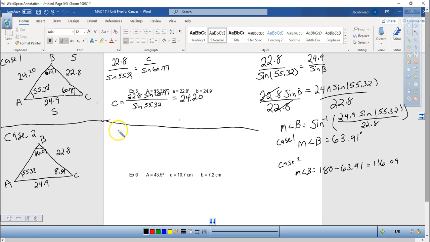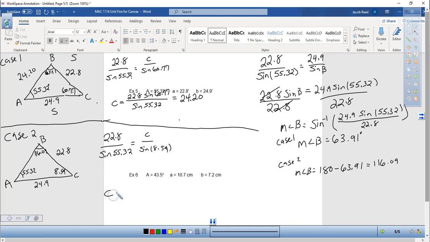And down here, do the same thing. 22.8 over sine 55.32 equals side C over sine 8.59.